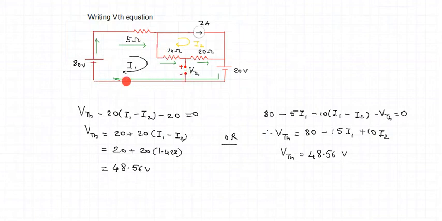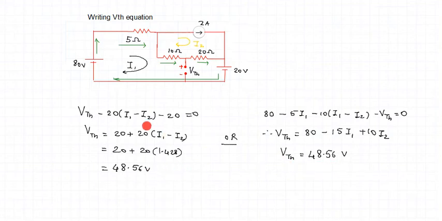For your understanding, VTH is calculated using both the smaller loop equation as well as the larger loop equation, and in both ways the answer is similar.